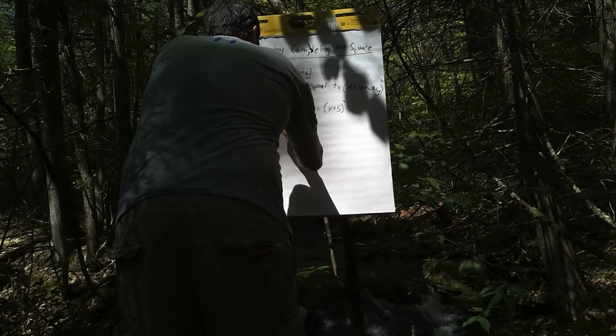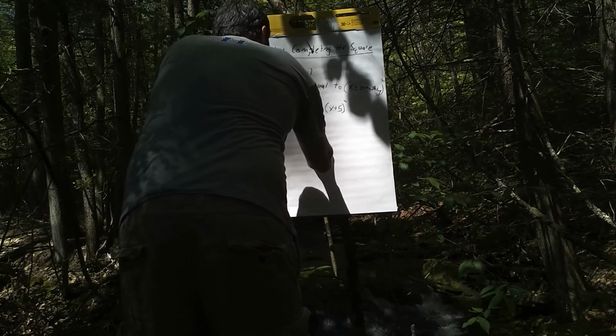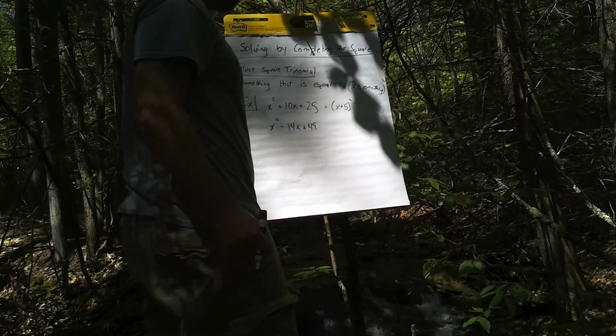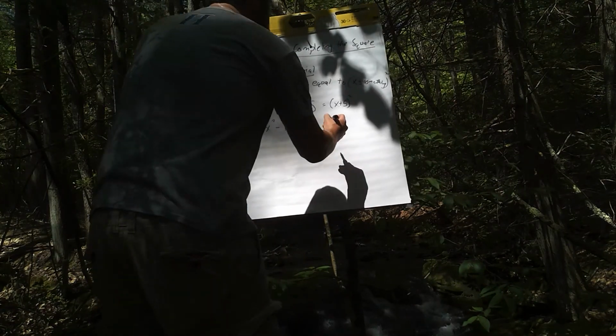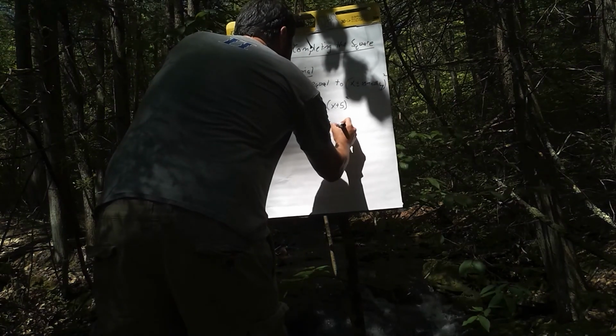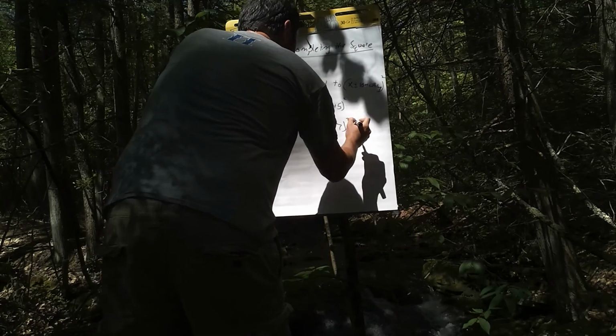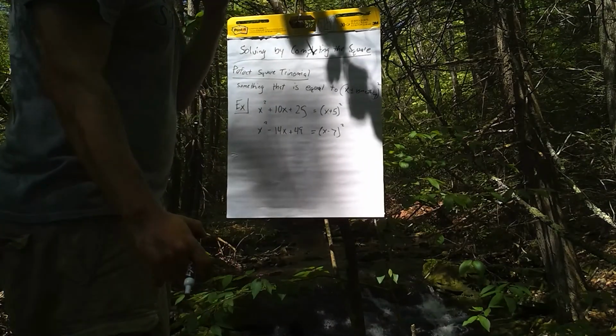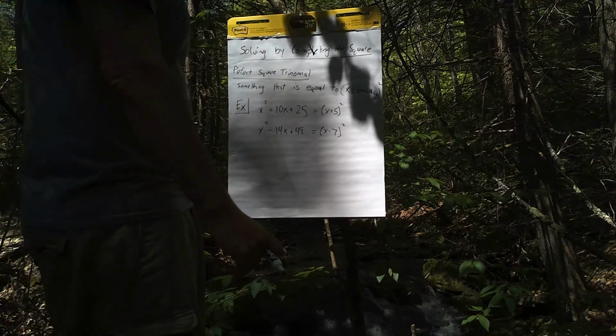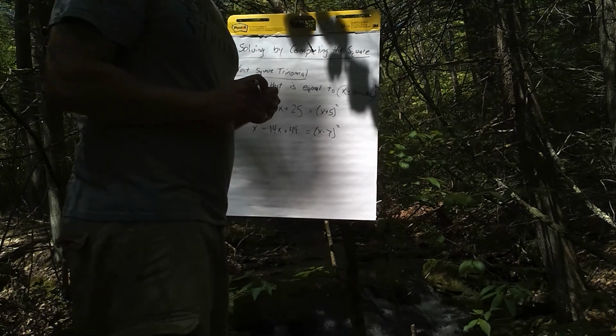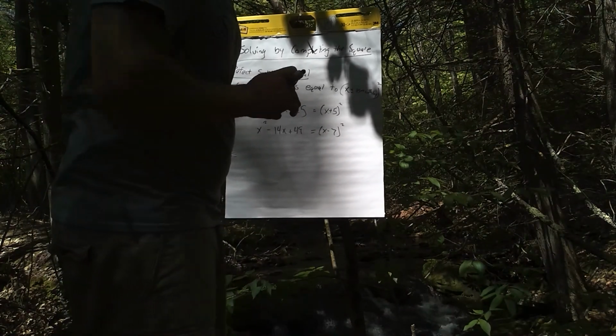X squared minus 14x plus 49. That's a perfect square trinomial because it's equal to x minus 7 squared. Alright? These are all perfect square trinomials.